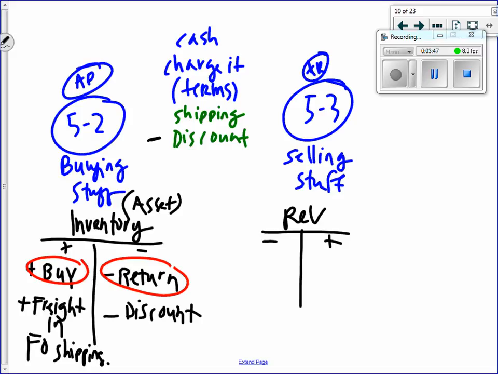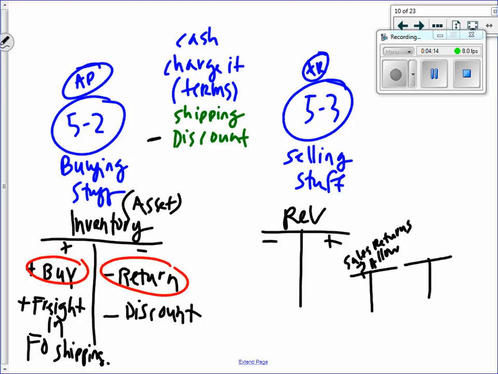So when I sell stuff, it's all based on revenue, but then when we have all these players in there, there's all these contra revenue accounts. Do you guys remember them from yesterday? Sales returns and allowances.